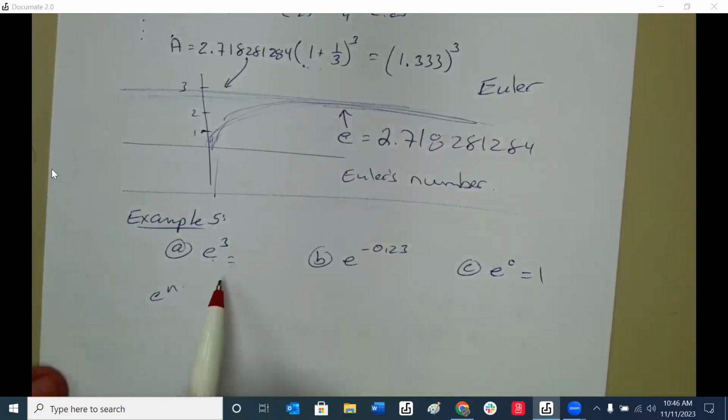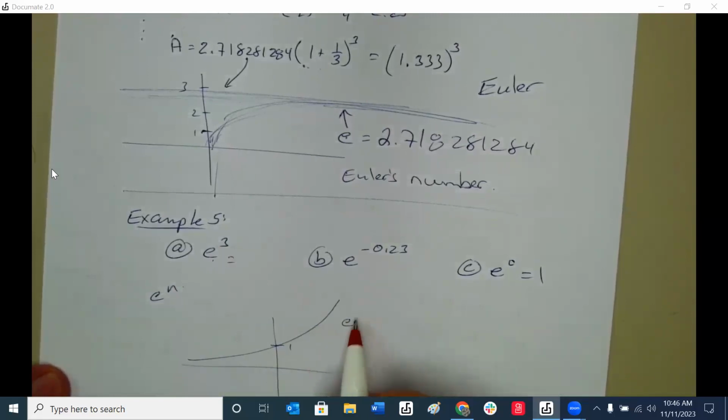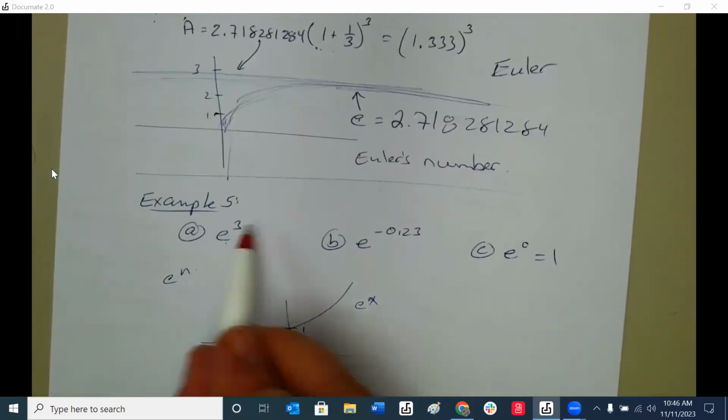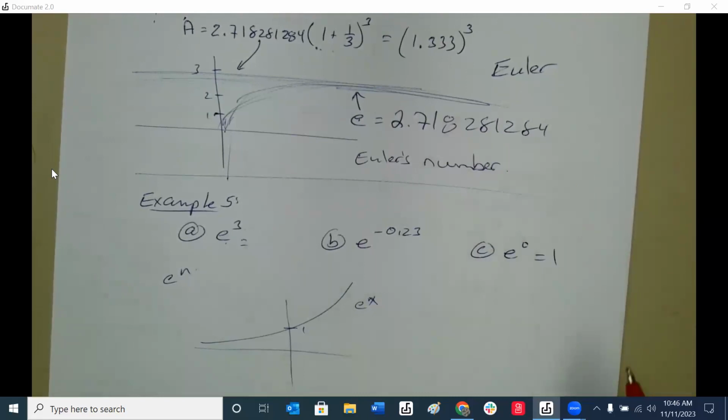Again, the graph of it looks the same because this is an exponential function, and it crosses at 1. This is the function of e, e to the power x. We just used n for our counter from the last example of the compound interest.